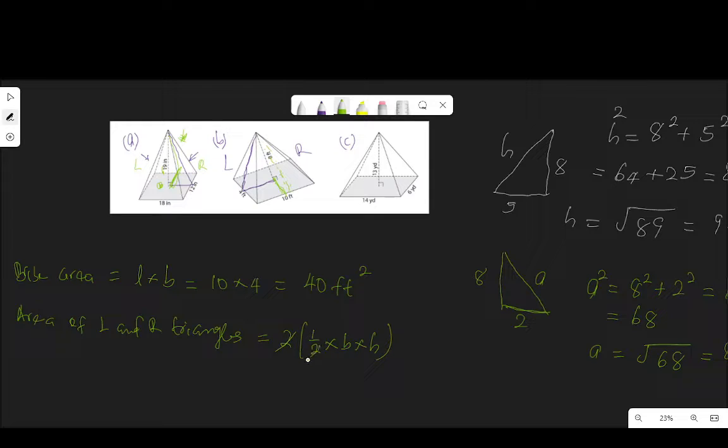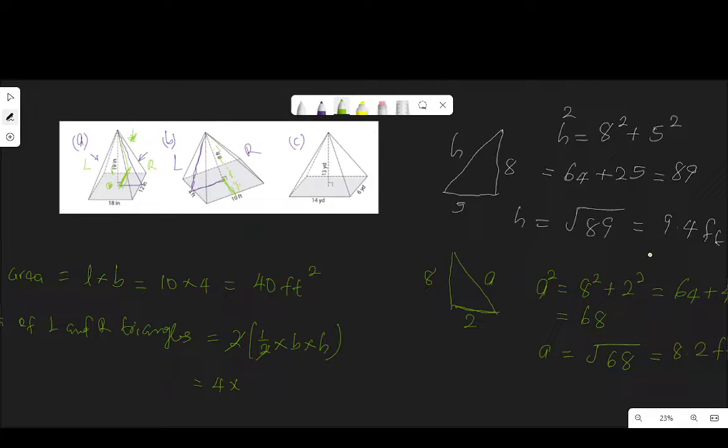These two can actually cancel, so I'm left with only base times height. And the base of the left and right triangle is 4 feet. It's right there. So that is 4 times the height that we calculated earlier, which was 9.4 feet.